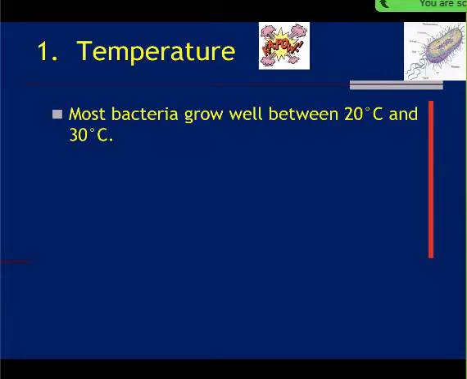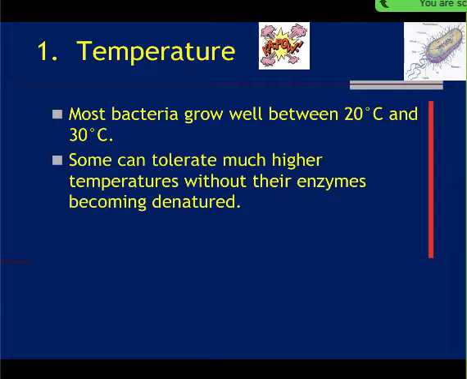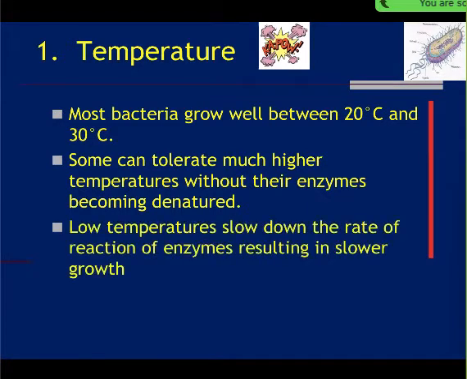Bacteria are kind of like plants, in that 20 to 30 is a good temperature. We know now that if we have too high temperatures, their enzymes will be denatured, but there are enzymes that will work at really, really high temperatures. And we also know that low temperature will just slow down their growth because the rate of reaction is going to be slower.